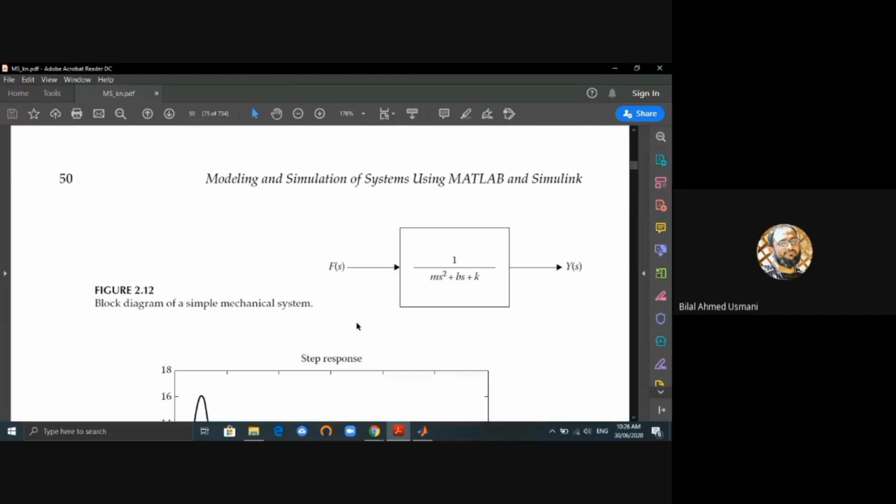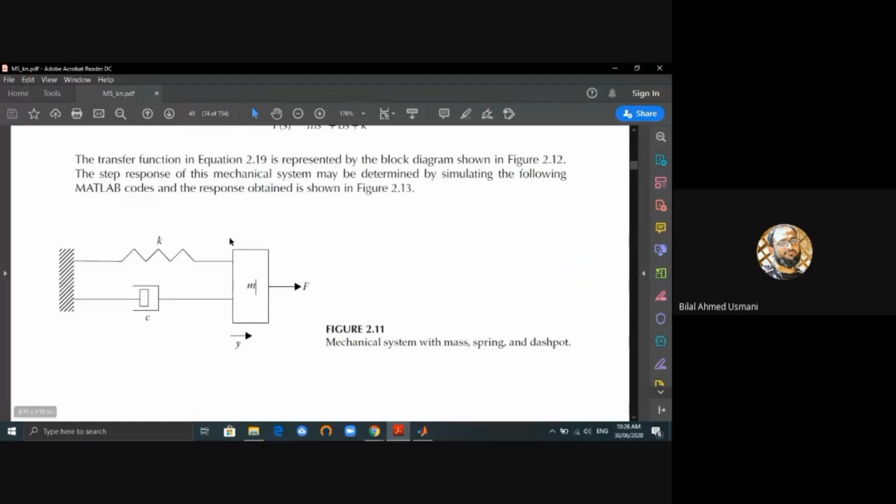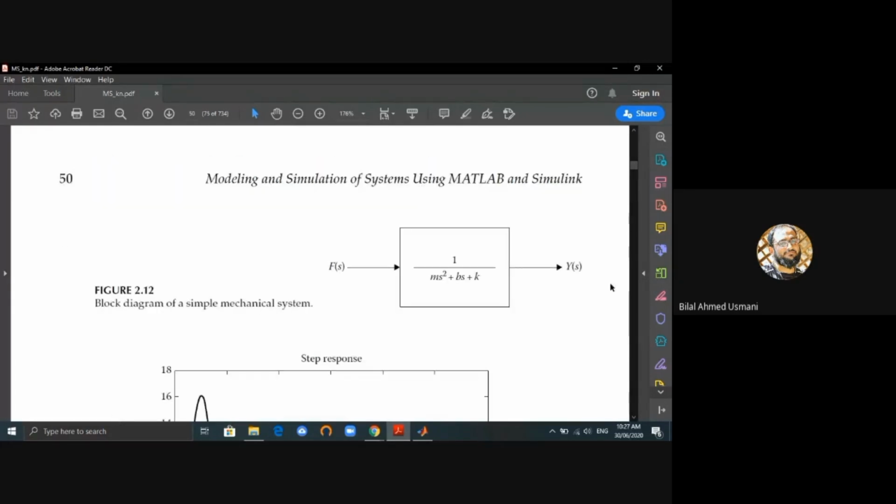So this is actually what's happening. This is the force as a function of frequency, this is the displacement, and this is the transfer function. So rather than showing this complicated diagram, figure 2.11, the equivalent representative diagram would be this, using Laplace transformation.